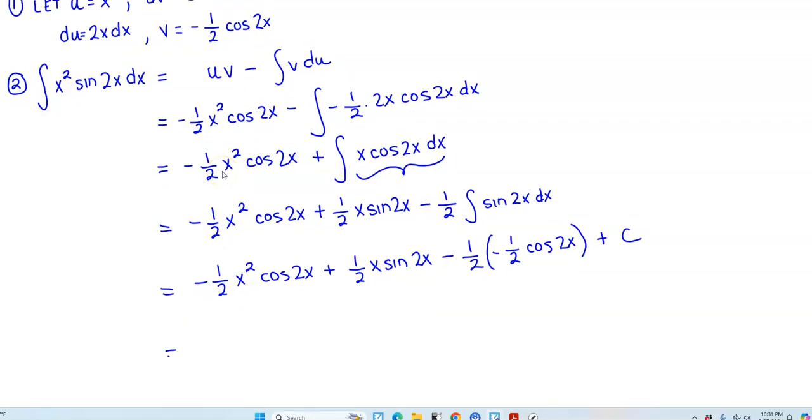And so therefore we end up getting the following function: negative 1/2 x squared times the cosine of 2x plus 1/2 x times the sine of 2x plus 1/4 times the cosine of 2x plus c.